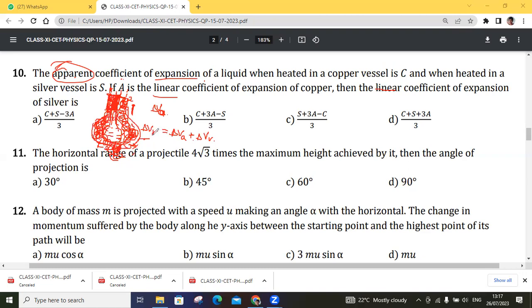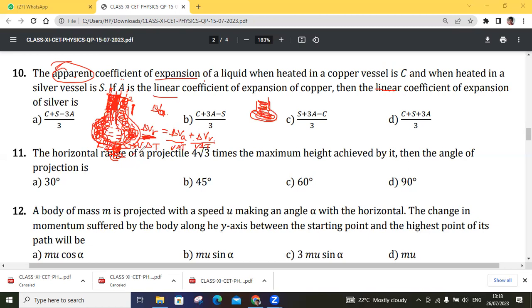So now, if this is the case, the initial volume of the vessel and the initial volume of the water is the same, right? The volume of water is this much, the volume of the vessel is also this much only. So if I divide everywhere by V delta T, V is the same for all the things here, the initial volume, and delta T is also the same.